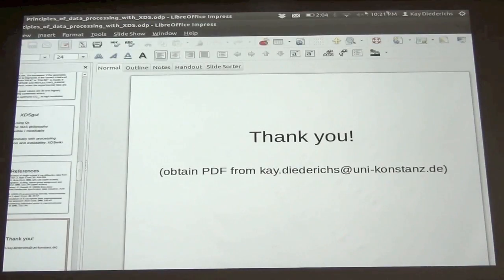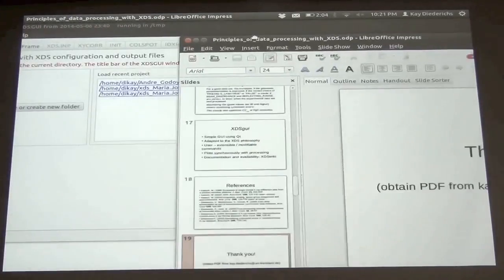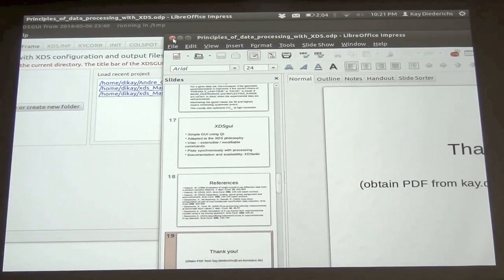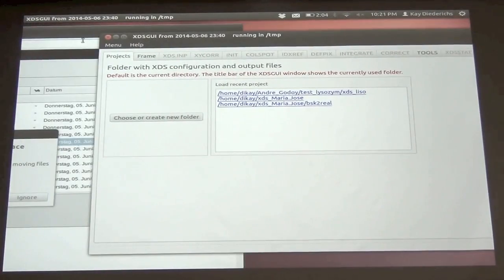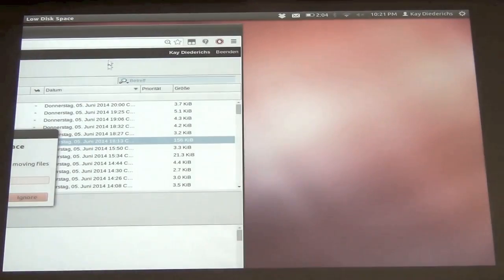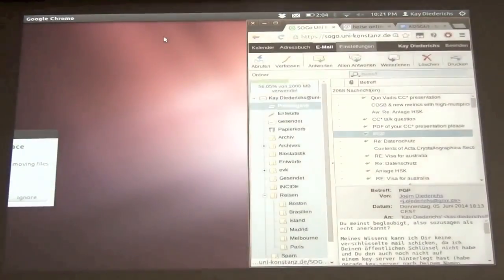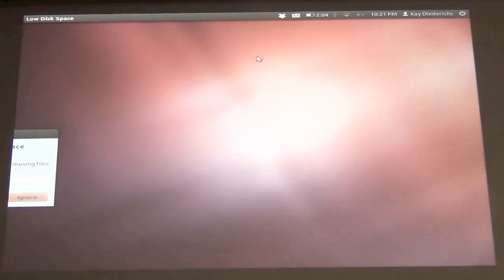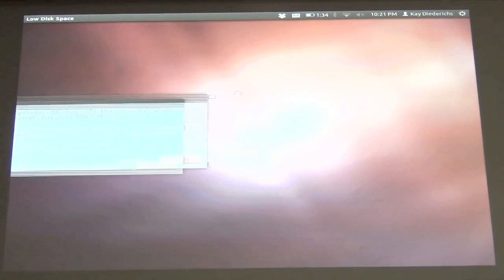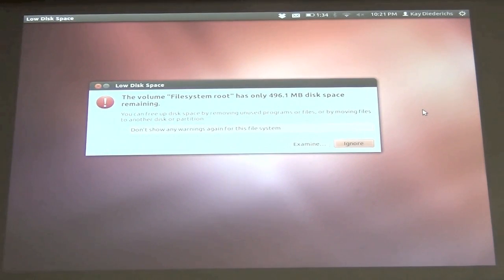Okay, so now we'll try to close this. I had to copy the data from this fat USB stick to the disk because I wanted to plug in the disk and the HDMI cable, but there was not enough space here.